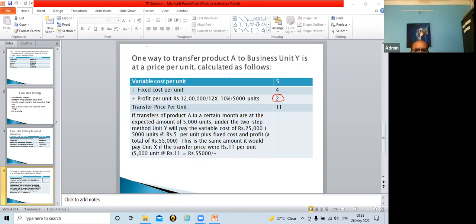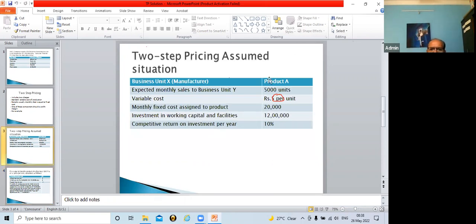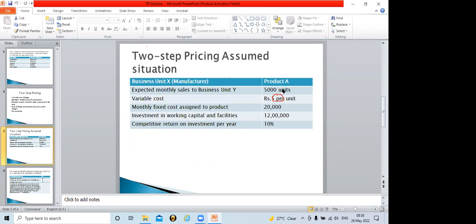Because here it is mentioned variable cost. How much is the variable cost? 5 per unit, correct?